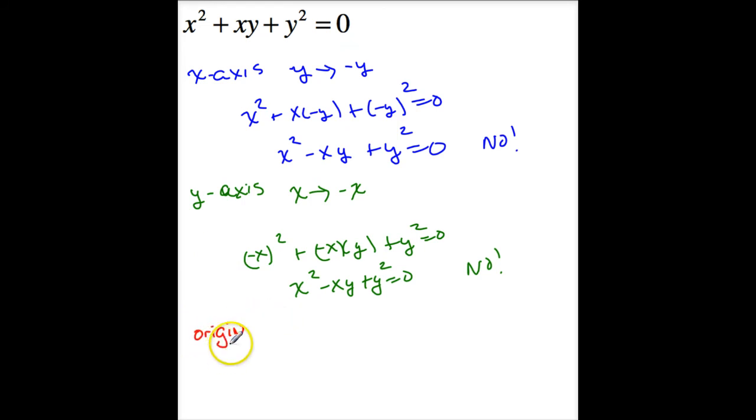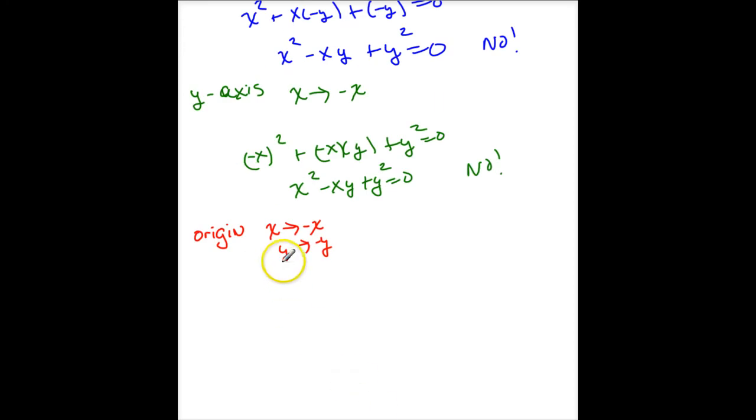With respect to the origin, I replace x with negative x and y with negative y. Now, let me see if I get the same function. So this is negative x squared plus negative x times negative y plus negative y squared.